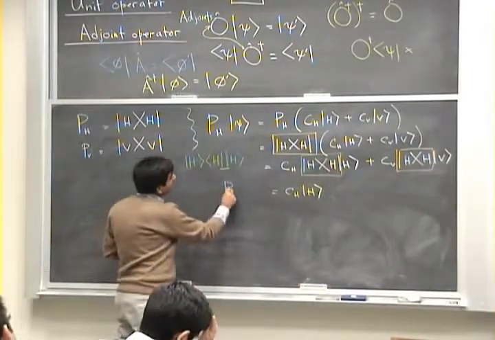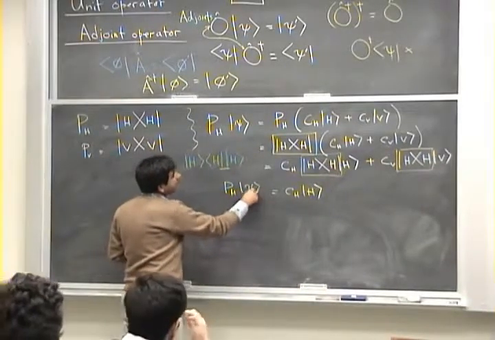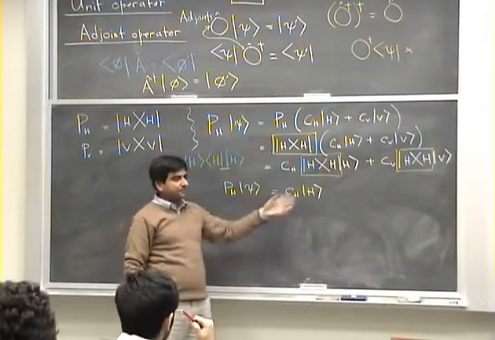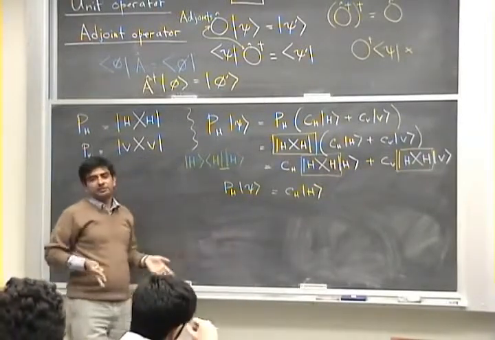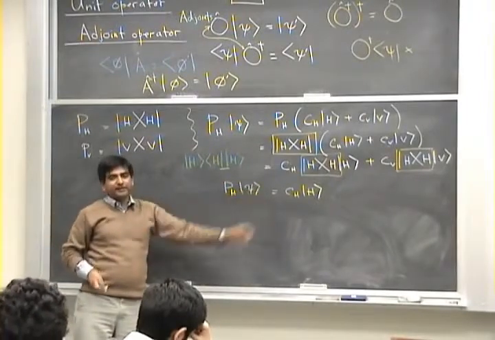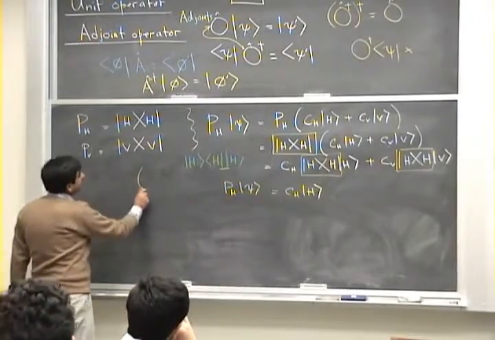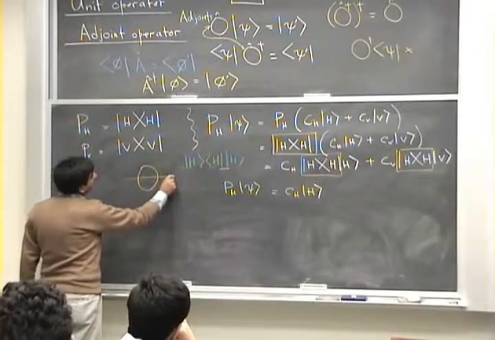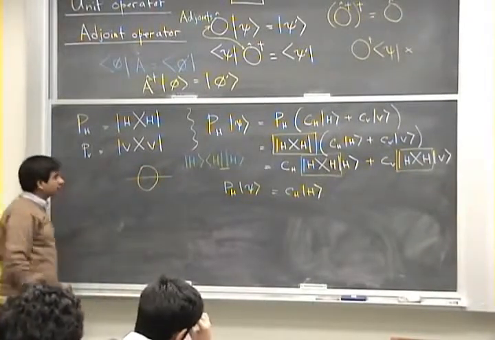So my projection operator acts on an arbitrary state and it just picks up the horizontal component. Physically, this is just like a linear polarizer whose axis is along the horizontal.